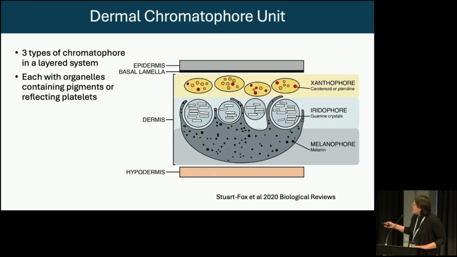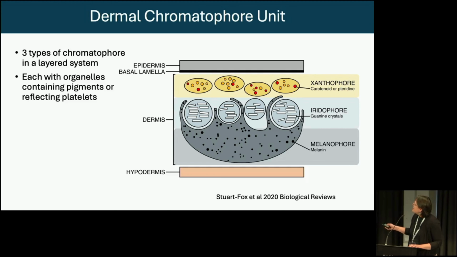In this second layer, we have iridophores, and they contain reflective platelets. When those platelets are very regularly shaped and arranged in an ordered way, they reflect specific wavelengths of light, so colours like blues and purples and iridescent colours.